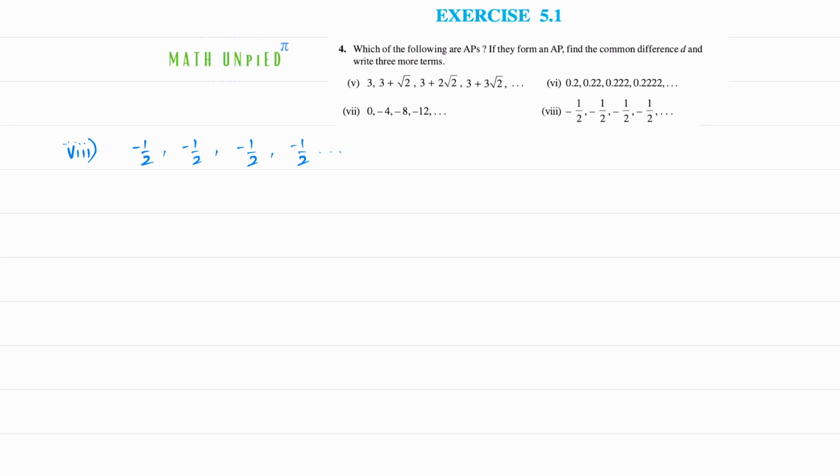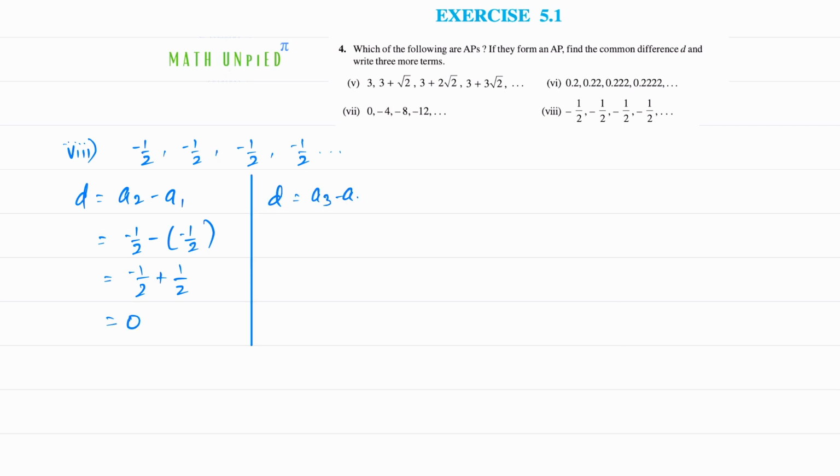So let's see how we can present this as an answer. So as usual, we'll calculate D. D equals A2 minus A1, or negative half minus of negative half, which is negative half plus half, which is equal to 0. Similarly, D equals A3 minus A2 for the next 2 terms, and it's going to repeat because the numbers are same.